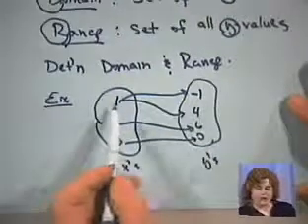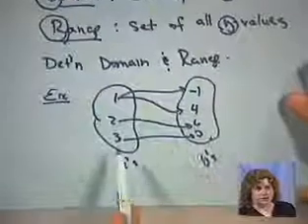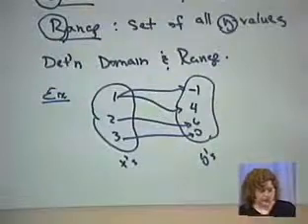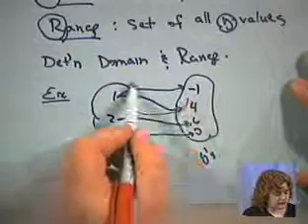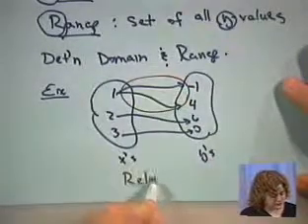So if I put in a 1, I can get a -1 or a 4 out. If I put in a 2, I'll get a 6 out, and if I put in a 3, I'll get a 0 out. Now, recognizing that I've got two lines coming off of an x, I can say this is not a function. This is just a relation.